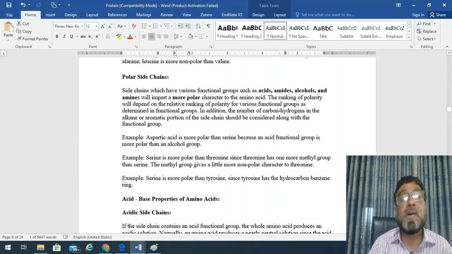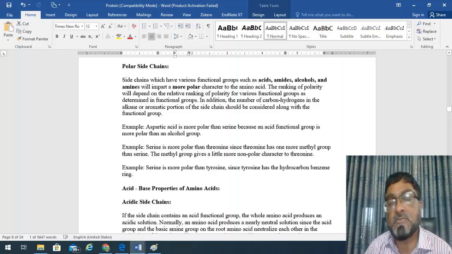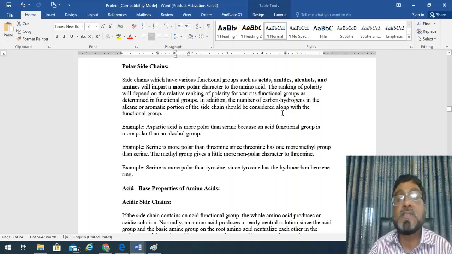And the side chain polarity actually differs based on the side chains. We have seen the acidic nature of the side chain, the amide nature of the side chain, alcohol OH, just like serine, and the amines, which impart a more polar character to the amino acid.